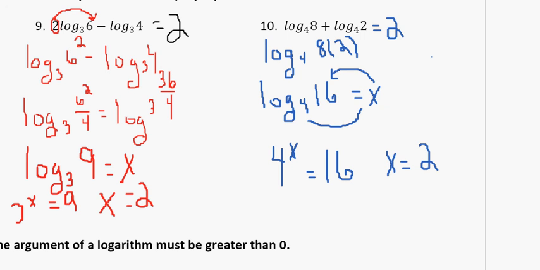Okay, so I hope you paused the video and you got the correct answer. Log base 4 of 8 times 2, which would mean log base 4 of 16. And then we turn it into an exponential. 4 to the x equals 16. Therefore, x must equal 2.